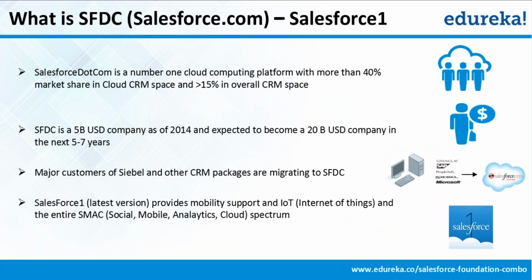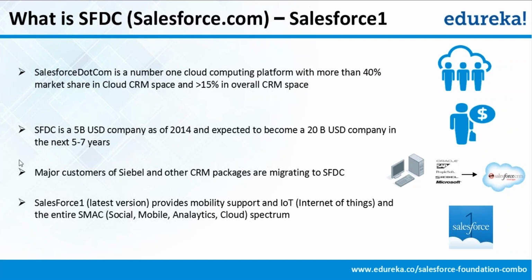So these are some numbers. Salesforce 1 is nothing but a latest version. I should not say it's the latest version. It basically refers to mobile, social, analytics and the cloud, the confluence of all of this, and there were a few other things. I'll show you a diagram explaining what Salesforce One means and how it has evolved over the years.